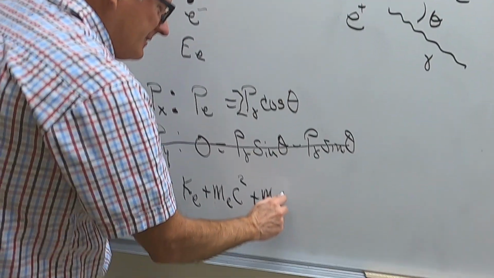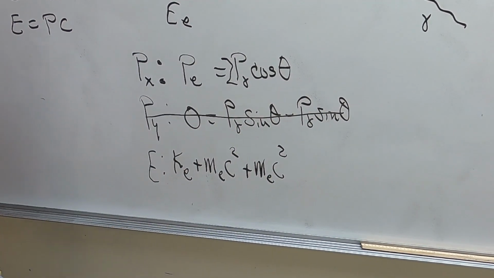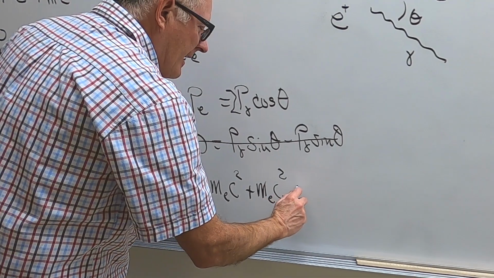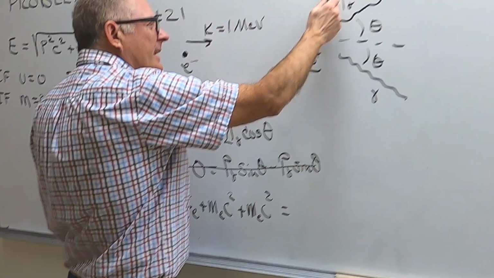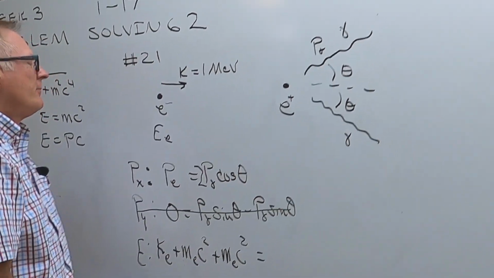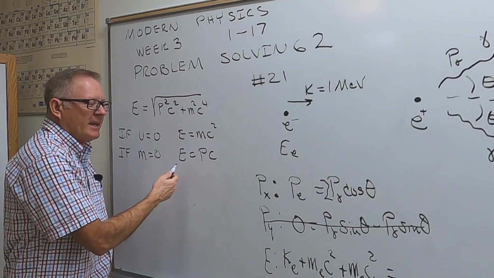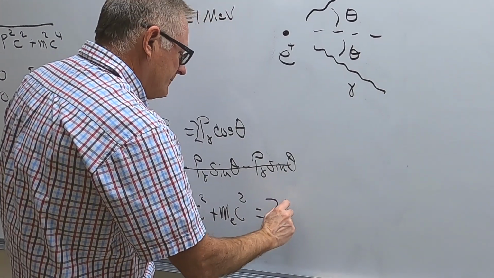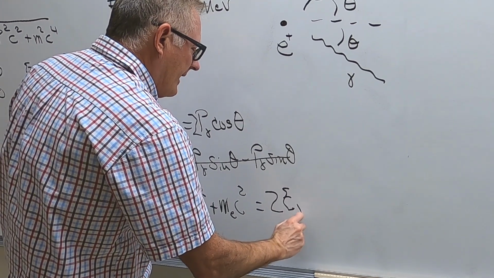So there's the total energy before, and afterwards we have the energy of this plus the energy of that, but they both have the same momentum, and we know momentum and energy are related, so they both have the same energy. So this is just 2 times the energy of the gamma.